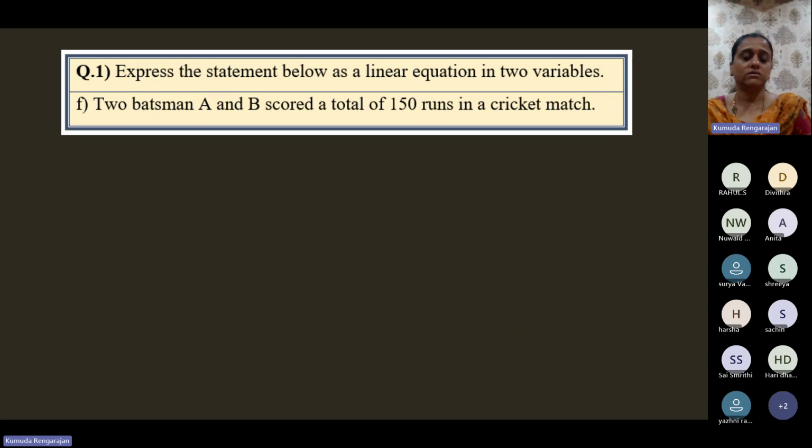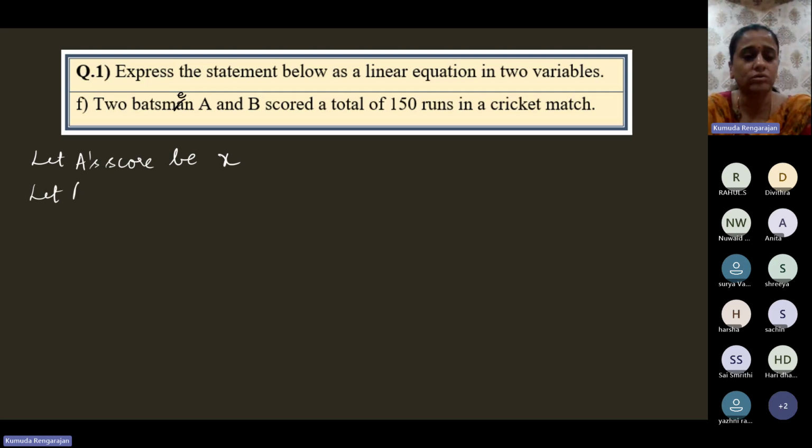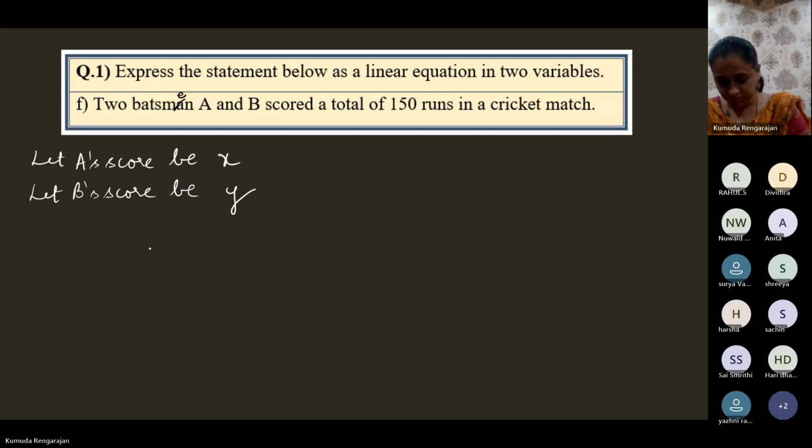Two batsmen, A and B, scored a total of 150 runs in a cricket match. Let A score X and let B score Y. What will be the equation?